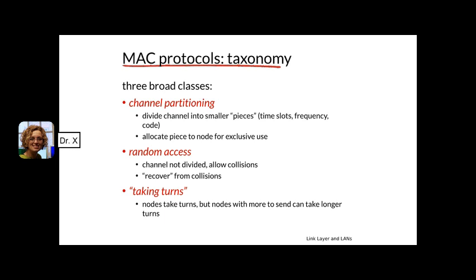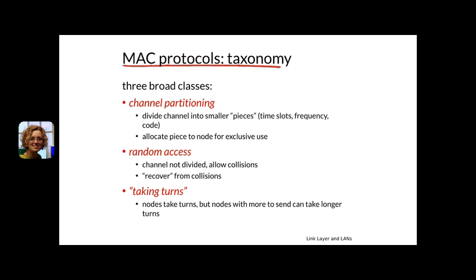The MAC protocols, multiple access protocols, have three flavors. The ones that divide the channel into smaller pieces, whether that's the wireless channel or the time or the frequency or whatever is being shared. This flavor is called channel partitioning.